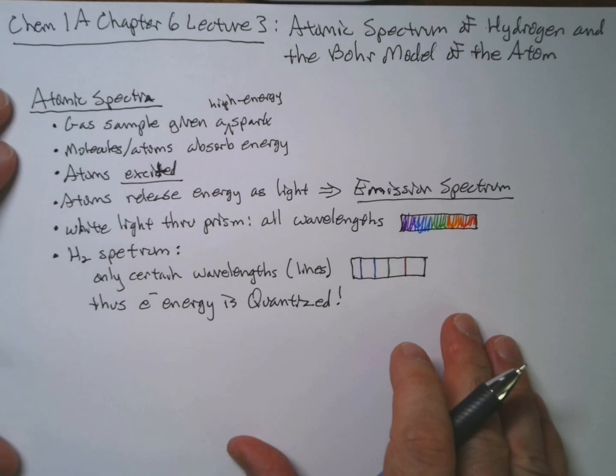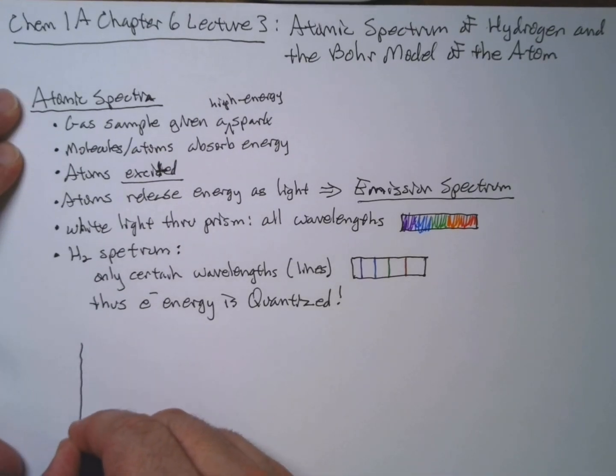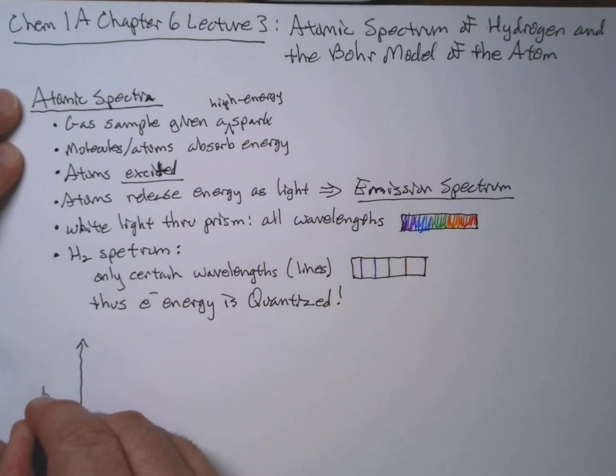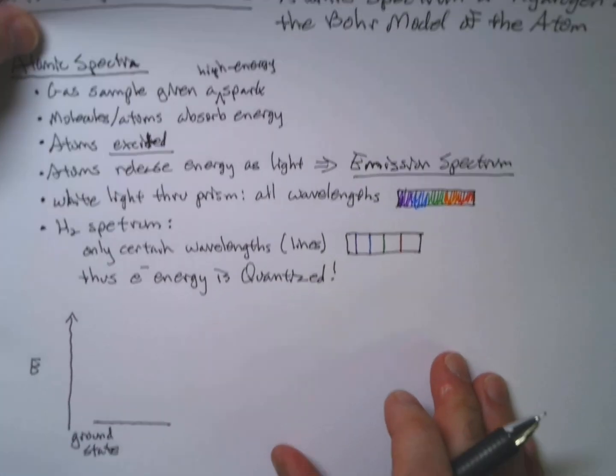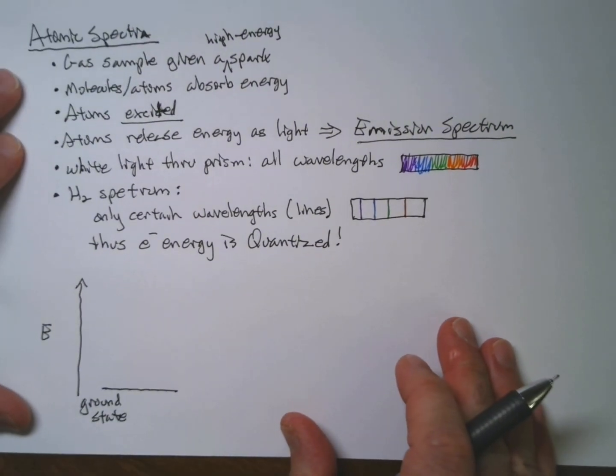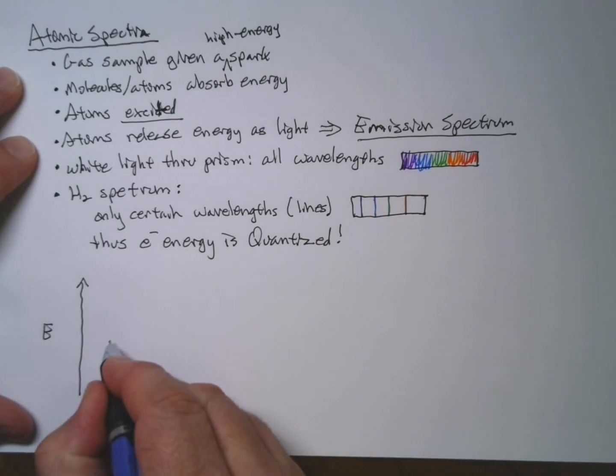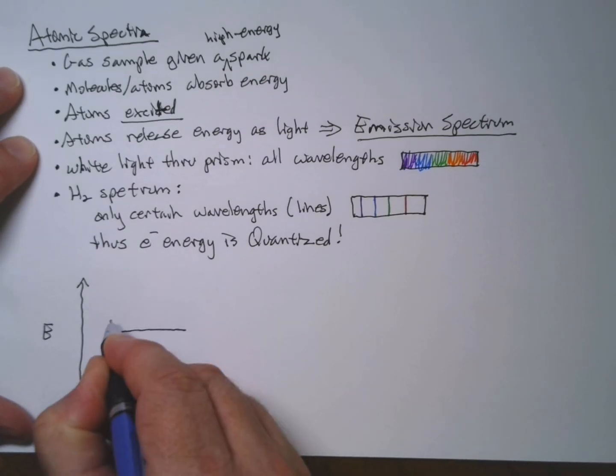So we could draw an energy diagram here where we have our lowest level here. This is our ground state. Let me shift that up a little so you guys can see that. That's our ground state. And then we have higher energy levels.